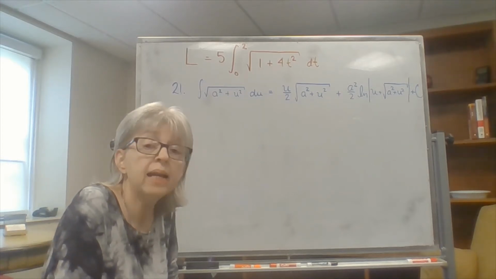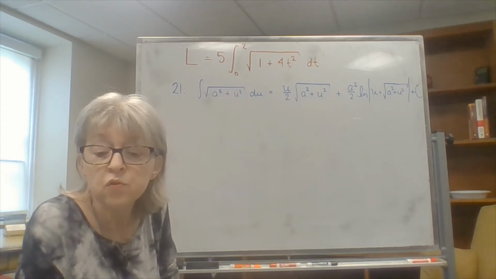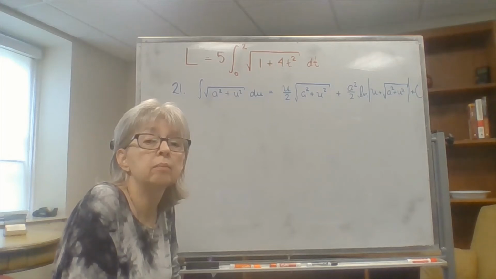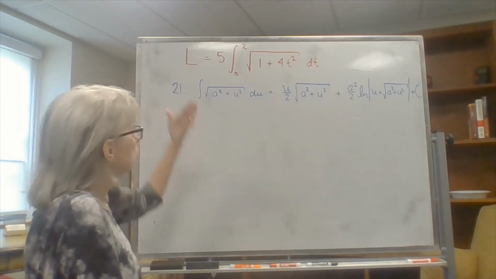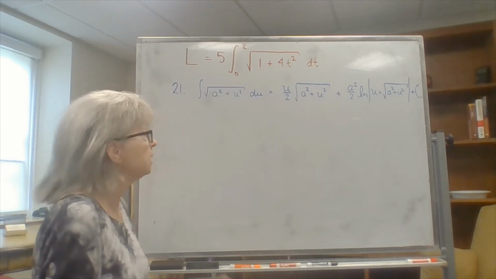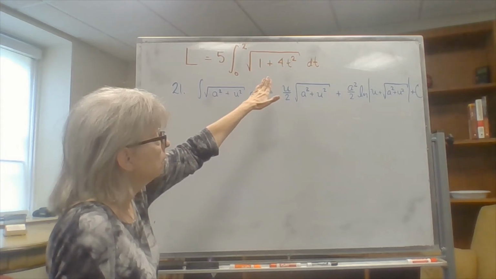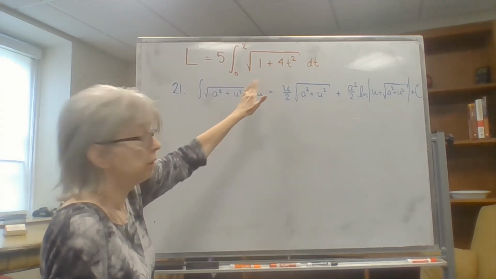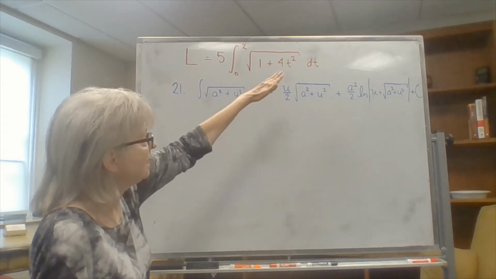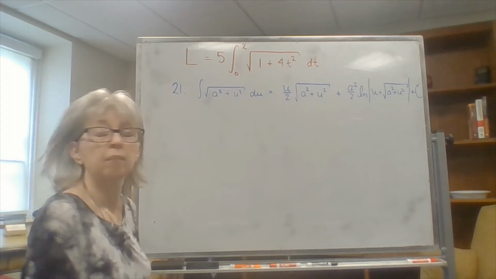So if we try to apply Formula 21 from Appendix 4 on page A21 in our calculus textbook to our arc length integral, we'll have to make some adjustments because u squared and 4t squared don't exactly match up. dt and du, some adjustments have to be made.